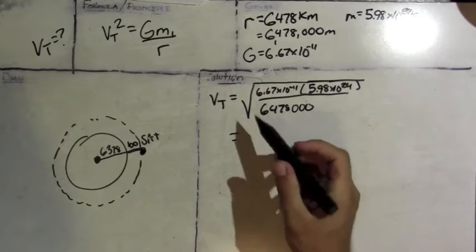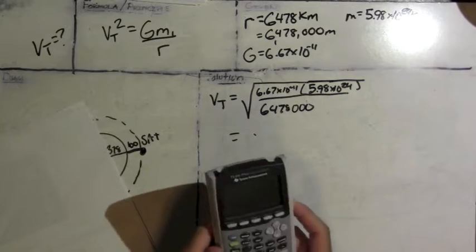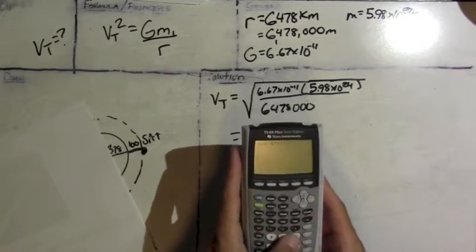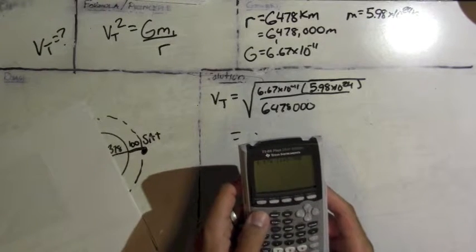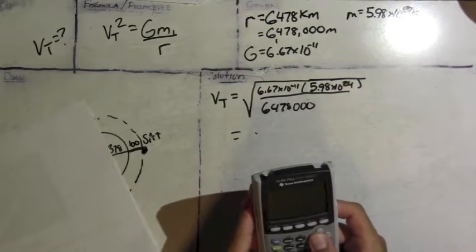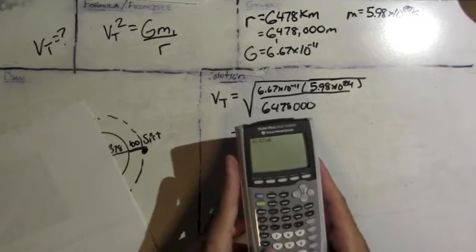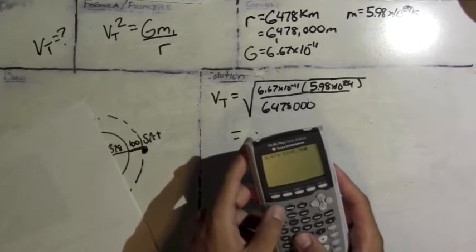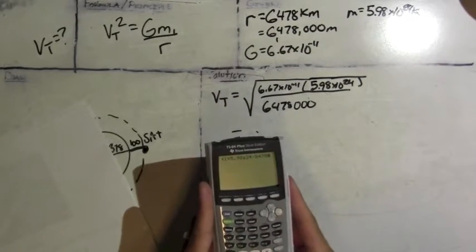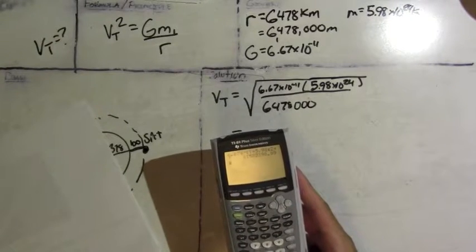Whenever we do this, everything is under the square root, so we have to do all of our math first. 6.67 e minus 11 times 5.98 e 24 divided by 6,478,000. So that right there gives you a pretty high number.